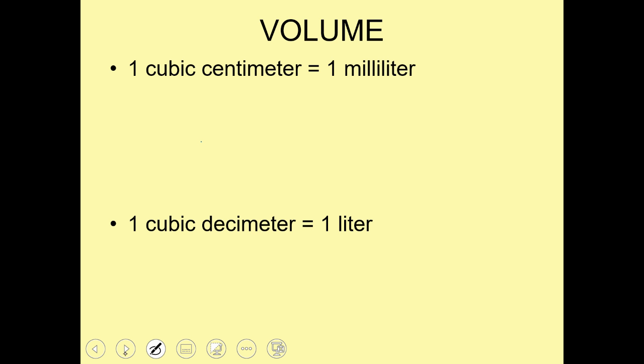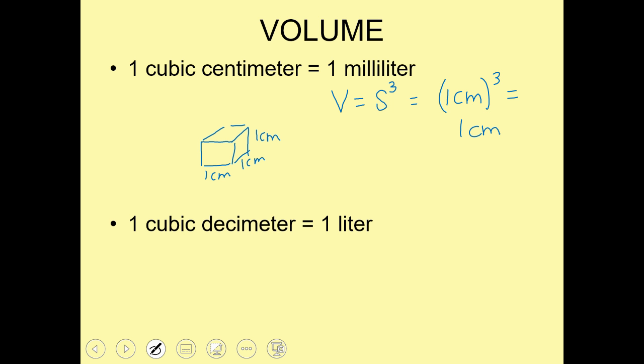So if I have a cube and it is 1 centimeter on every side, okay? The volume of the cube, remember, is length times width times height, or since they're all the same, we can just say side cubed. And so the volume of this cube would be 1 centimeter cubed, which is a cubic centimeter, okay?